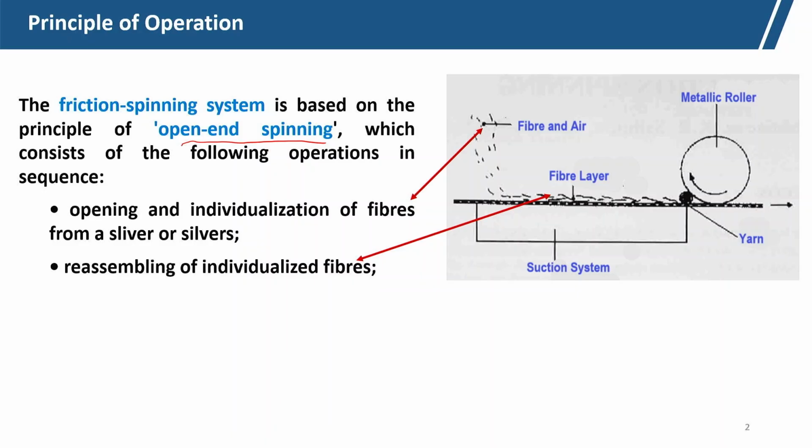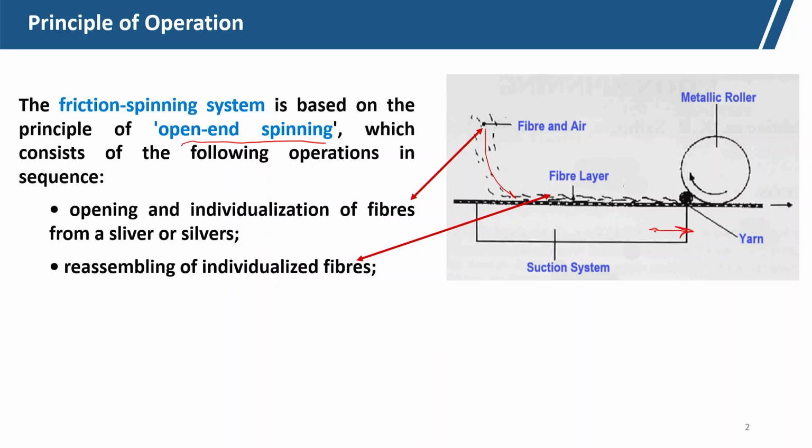Now these opened fibers are reassembled again and form the fiber layer. So, these individualized fibers fall on the surface, that is suction surface, and there it is getting again reassembled. And why do you need the suction surface? Otherwise this surface moves. Okay.